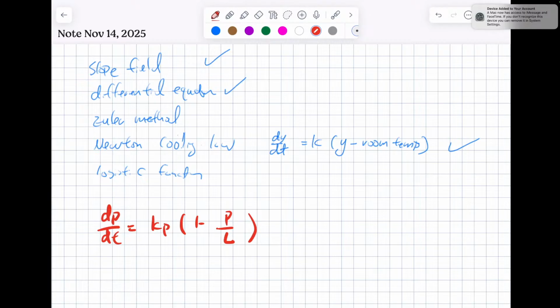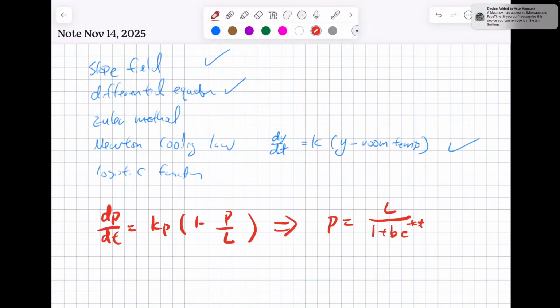This one is also known as P equal to L over 1 plus B e to the negative kt. So this is probably the only two equations you need to make sure you know before you come into the room, because slope field is now nothing to memorize.